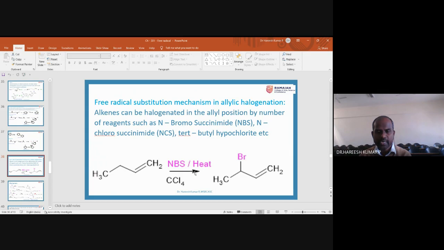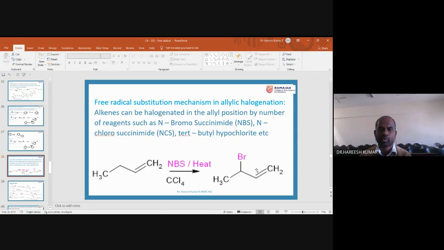So heating is required, and solvent, carbon tetrachloride, a non-polar solvent, is also required to convert an allylic position into a halo allylic position. Otherwise, we can say halogenated allylic compound.